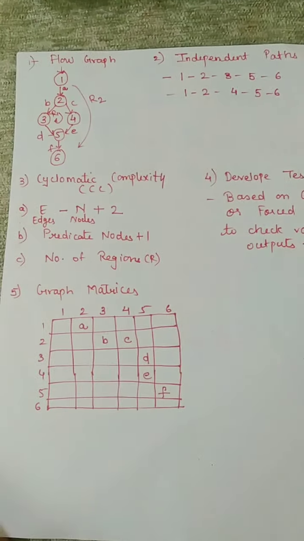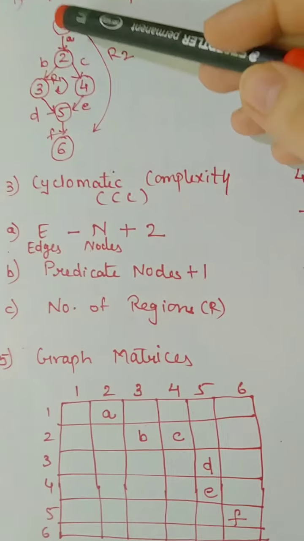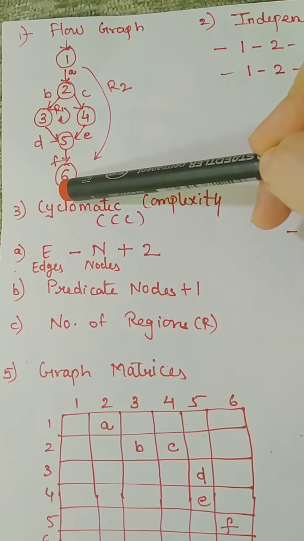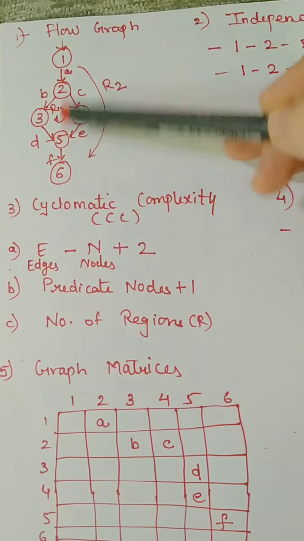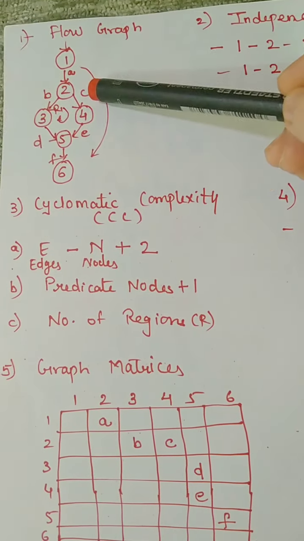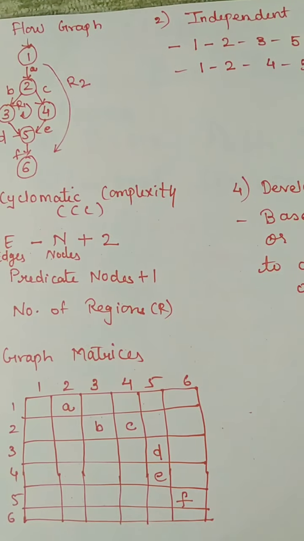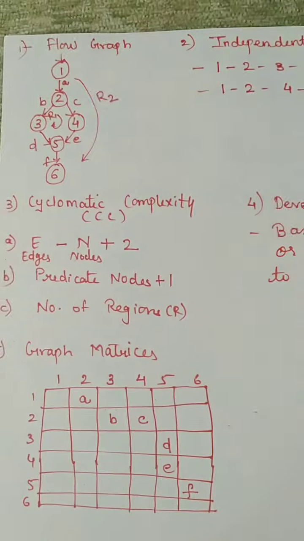So here I have taken an example of a flow graph with nodes numbered 1, 2, 3, 4, 5, 6, and these nodes are connected through edges which are named A, B, C, D, E, F. Okay, so based on this flow graph, we develop independent paths.